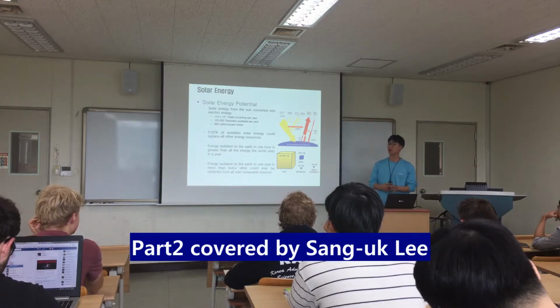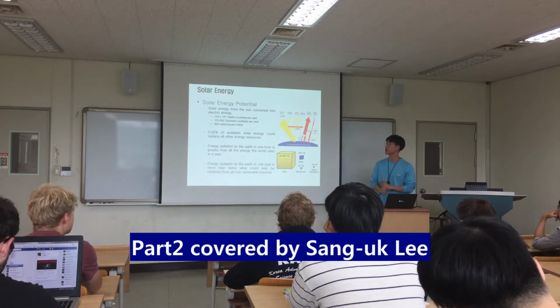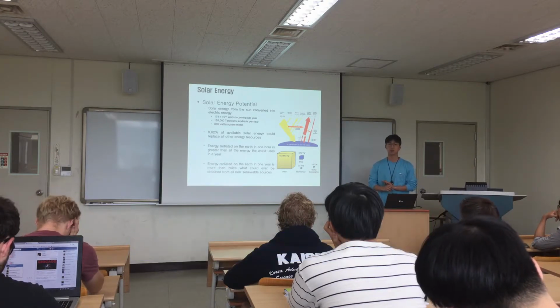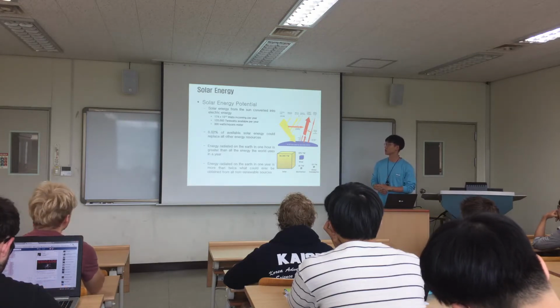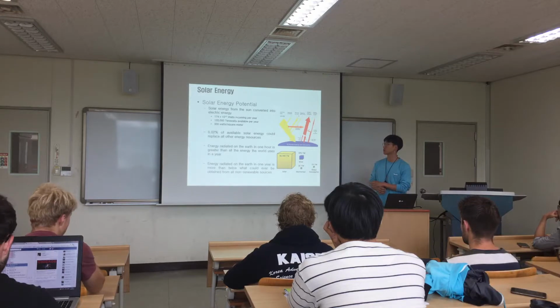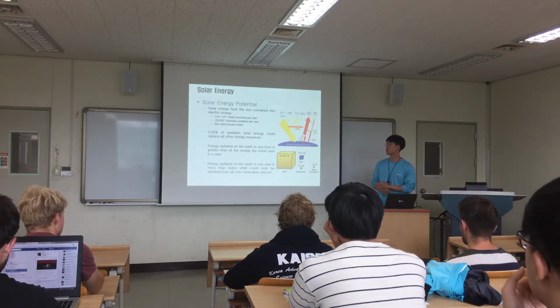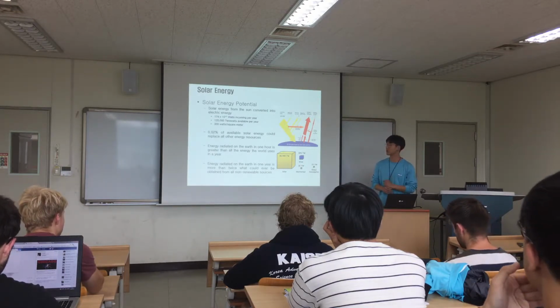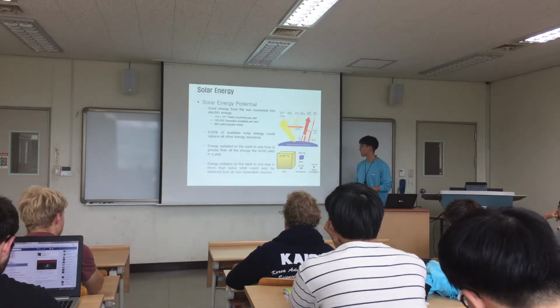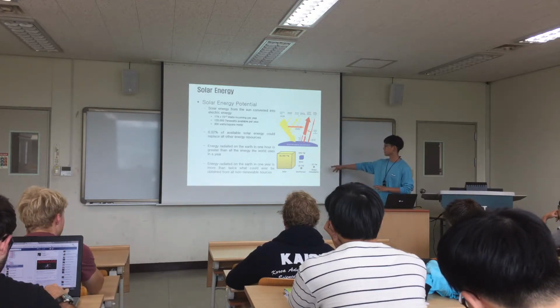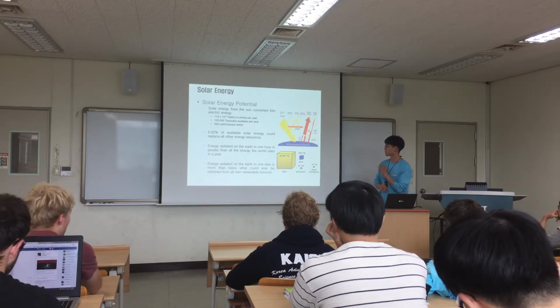As you guys know, solar energy has a really big energy potential compared to any other renewable or non-renewable resource. Using only 0.02% of solar energy, you could replace all the other energy. You can see the size of the solar energy box, and the smallest box is the size of global consumption.